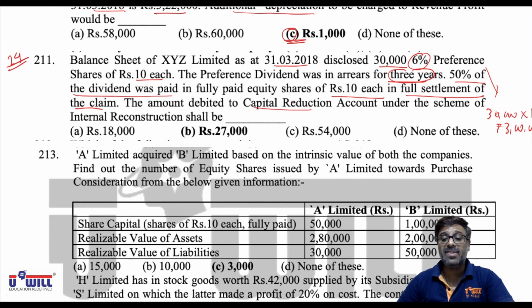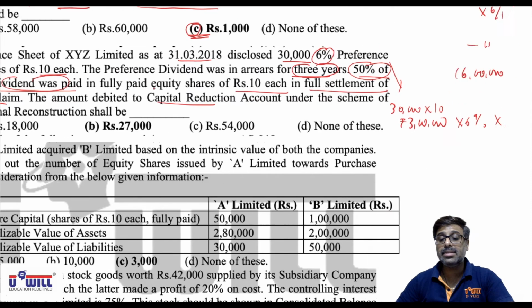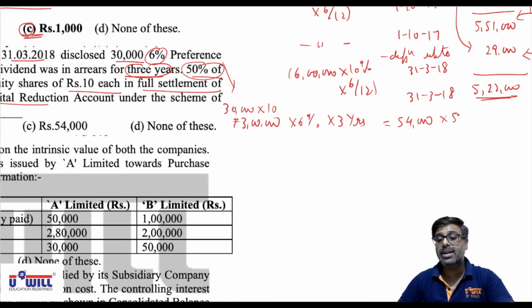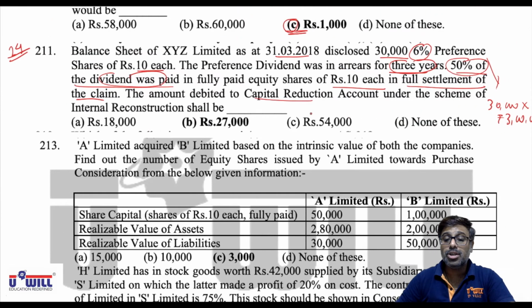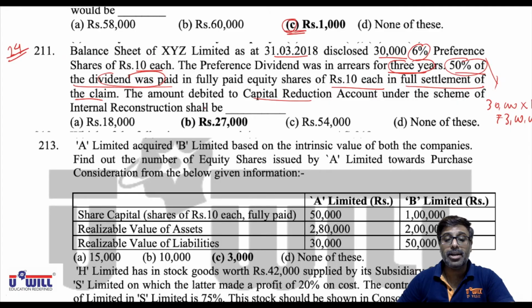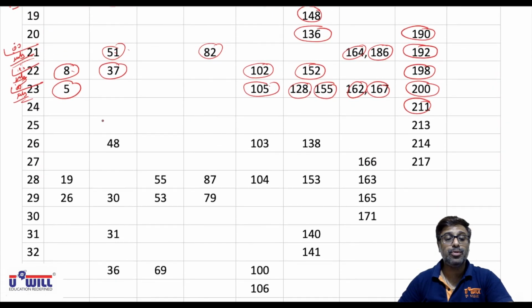Now against that 54,000, 50% of the dividend is only paid. That is 27,000 of dividend is paid in the form of equity shares. So the journal entry would be capital reduction account debit to equity share capital account. With what amount? 27,000. So what is the amount to be debited to capital reduction? 27,000. Similar to question 211, no other question is there in your exam so far.